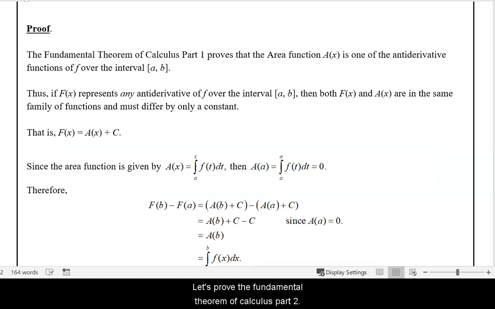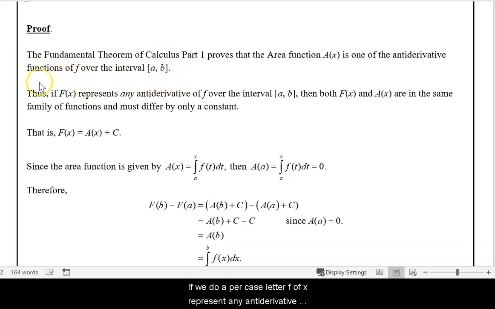Let's prove the fundamental theorem of calculus part 2. Recall from the fundamental theorem of calculus part 1 in the second video that we proved that the area function, uppercase letter A of x, is one of the antiderivative functions of the function over the closed interval from a to b.